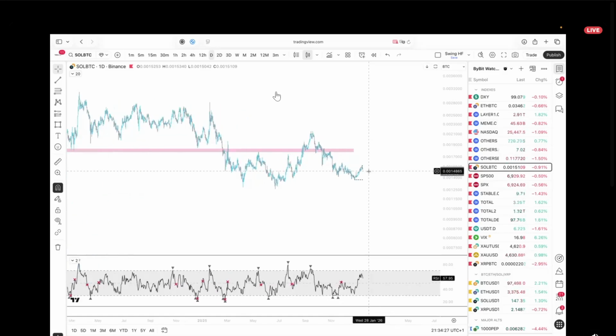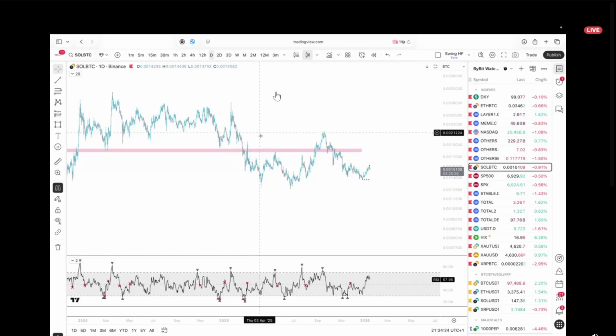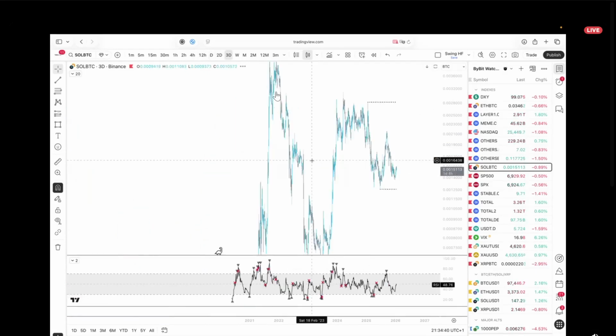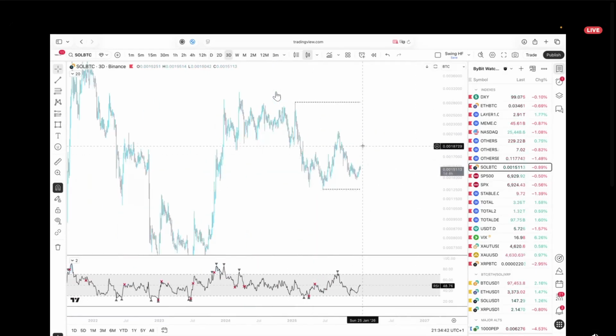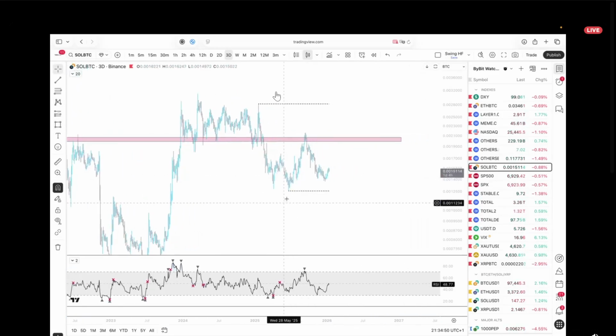So we already broke out from this downtrend, as you can see. Let's go up to the 3 days. We have this important level here.